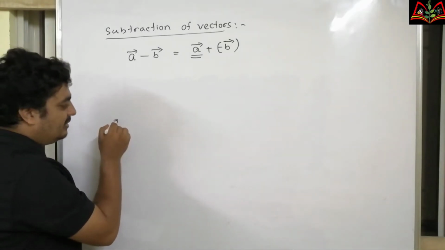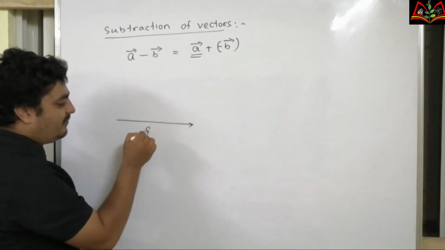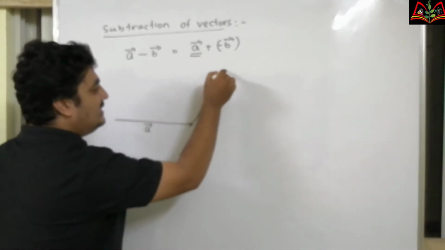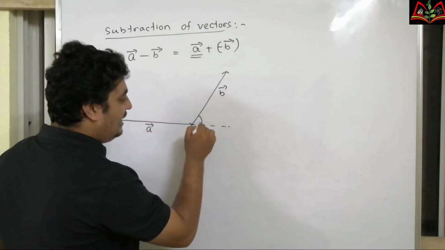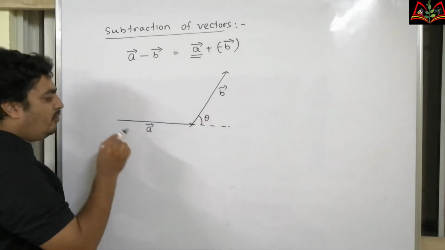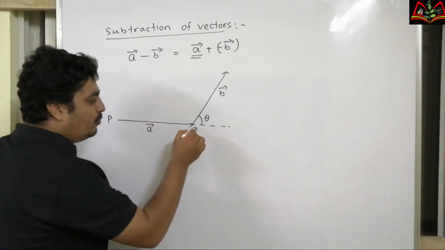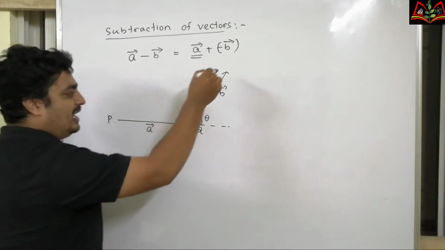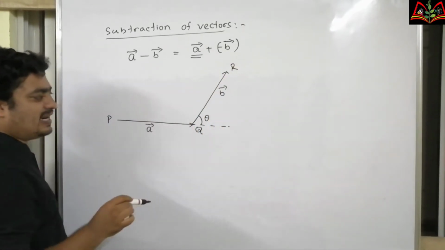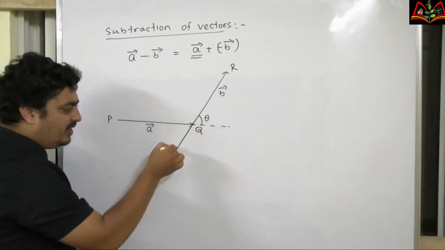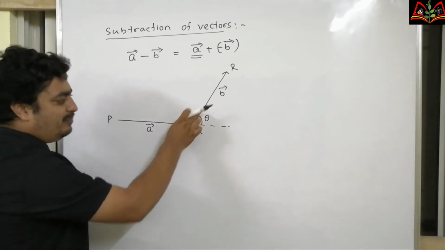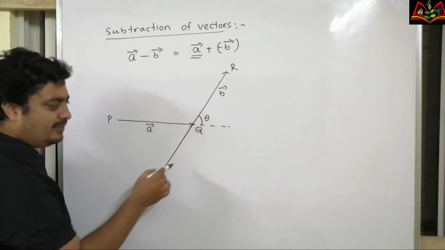Now let us check. This is vector A, this is vector B. Let the angle between A and B be theta. Now let PQ represent vector A, QR represent vector B. Now I have to find the negative vector of B, so the magnitude will remain the same and the direction is reversed.